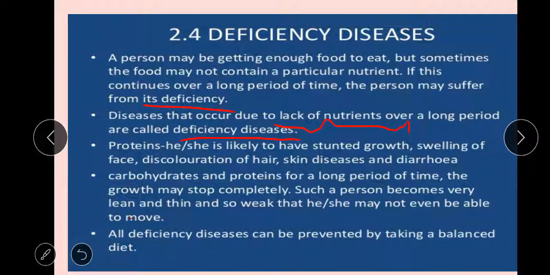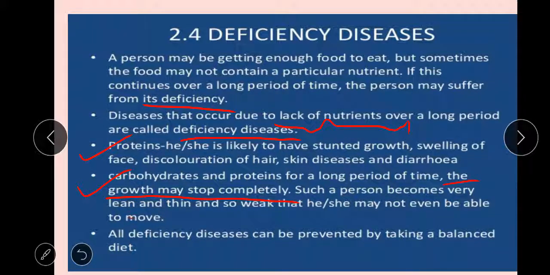Proteins. A person lacking protein is likely to have stunted growth, swelling of face, discoloration of hair, skin diseases, and diarrhea. Then lack of protein causes all these symptoms. Lack of carbohydrates and protein for a long period of time, if you lack all these, the growth may stop completely.